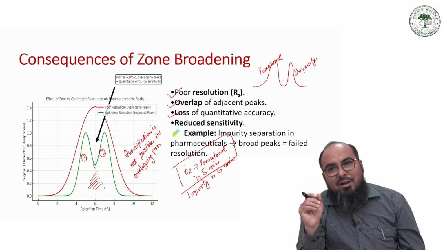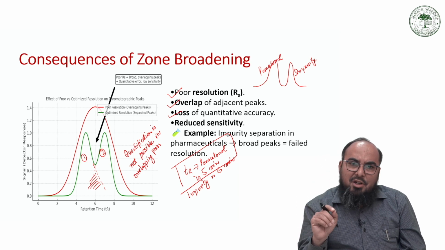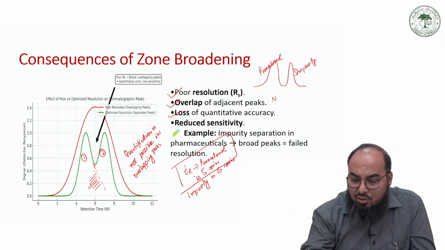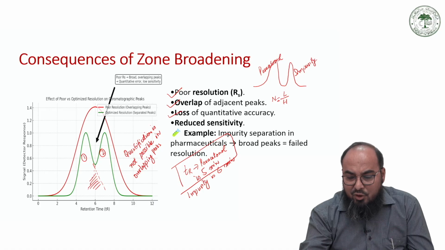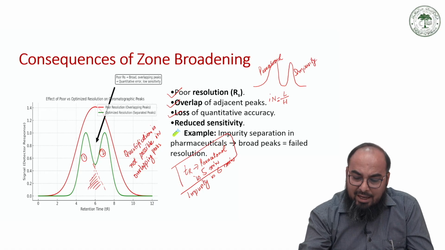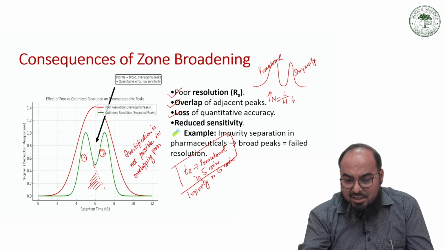Okay, so this will happen provided your column is efficient and long enough, because we have seen that n is equal to L upon H. So if you want to improve the resolution, then you have n as large as possible and H as small as possible.